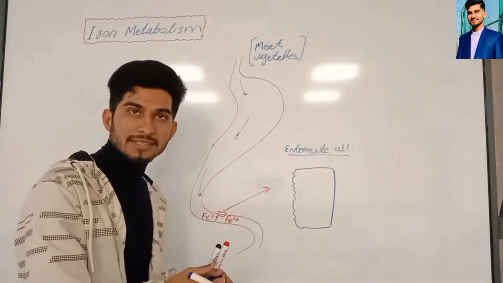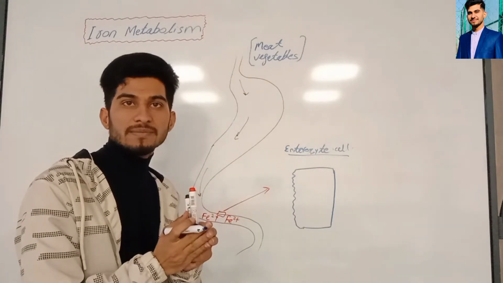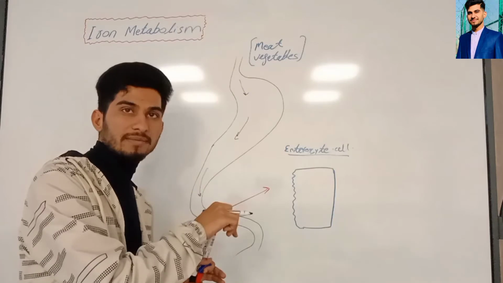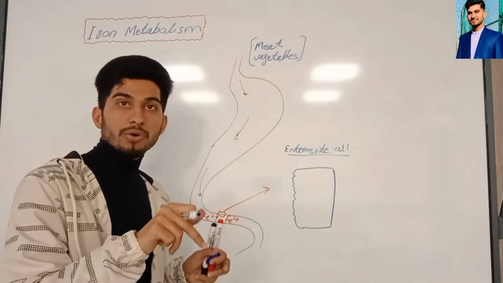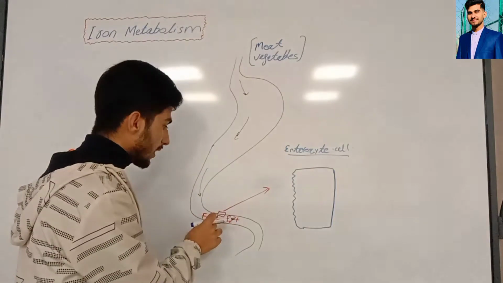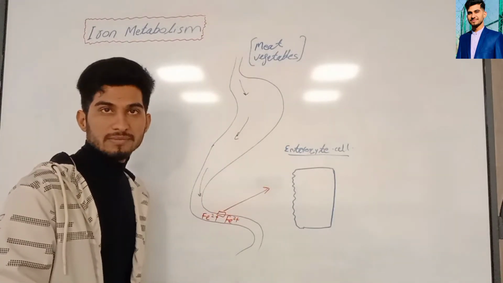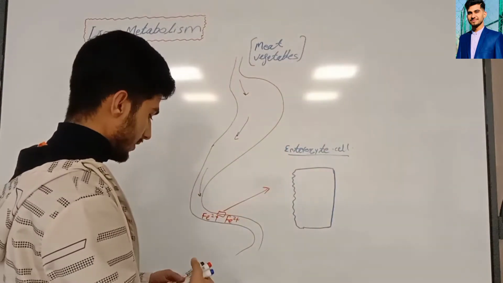As we know, the liver secretes bile, and bile contains the protein apotransferrin. That apotransferrin protein will combine with the iron to form the transferrin molecule.